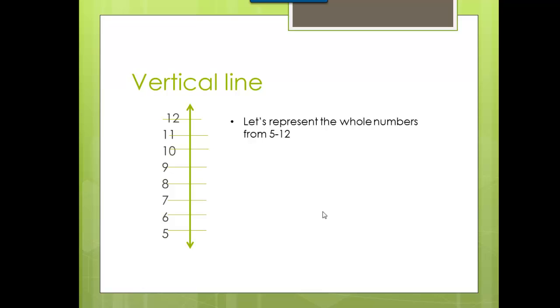When I see the word from, I know that this is a series of numbers, so I can mark them all. Five and 12 are marked because of the word from. They are all in a series.